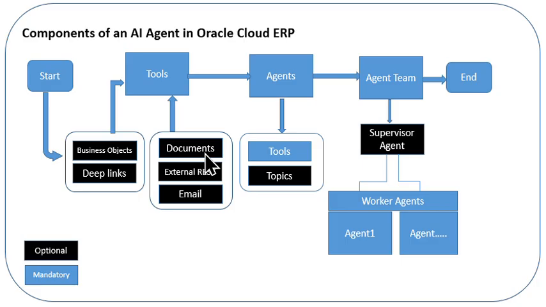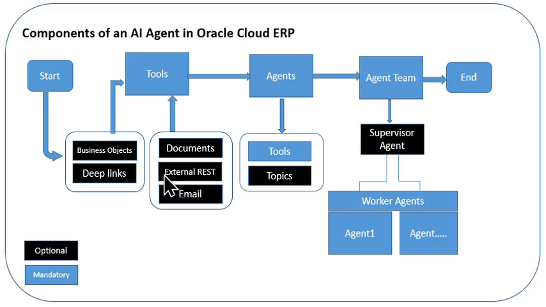When the users query the agent, or put prompts to that agent in natural language, the agent looks up the details in the document and responds back to the user based on the query. Then the external REST service is a REST service that is exposed by an external website.